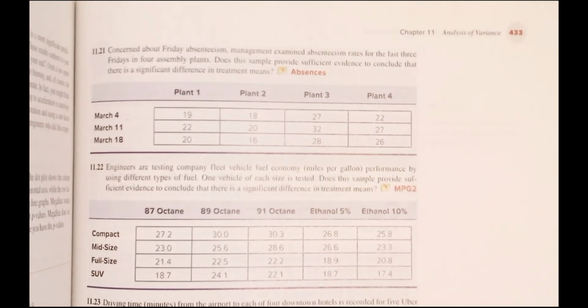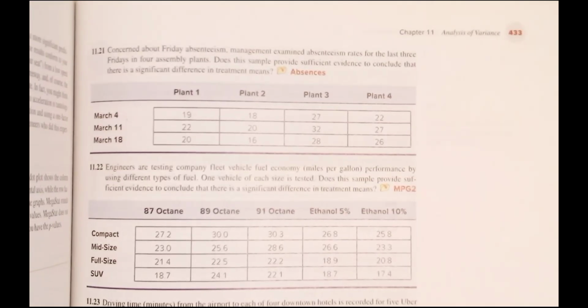What are our null hypotheses for this setup? I need hypotheses before I do any testing, before I do anything else. I need to know what I'm assuming, what I want to test for rejection.